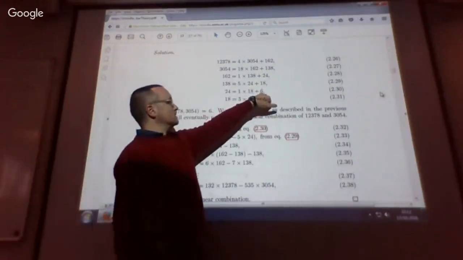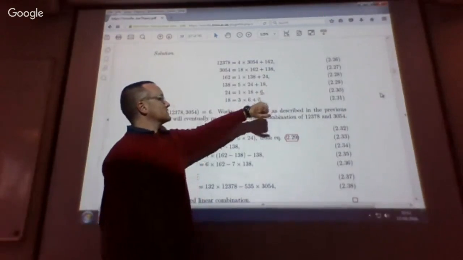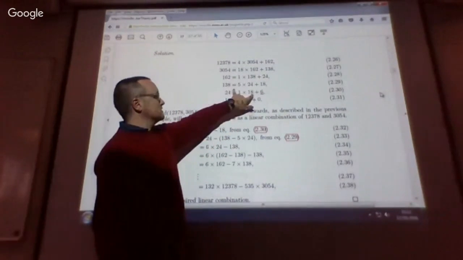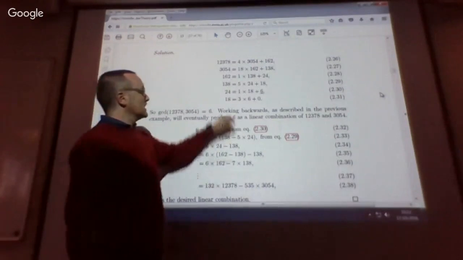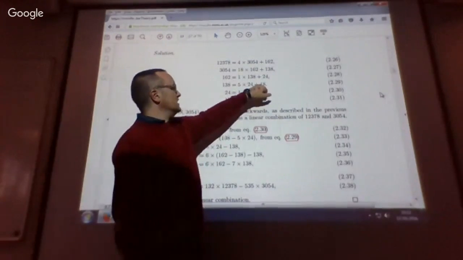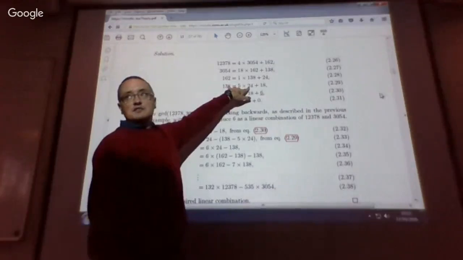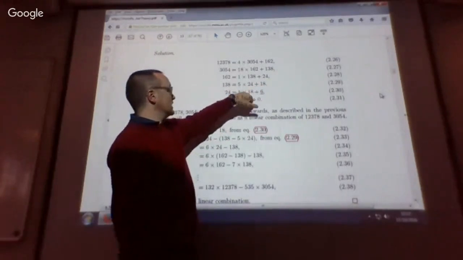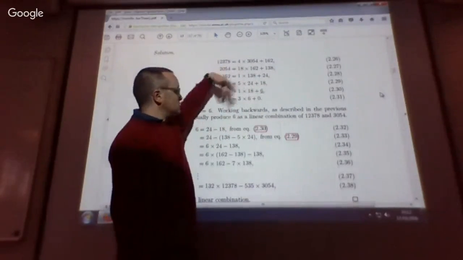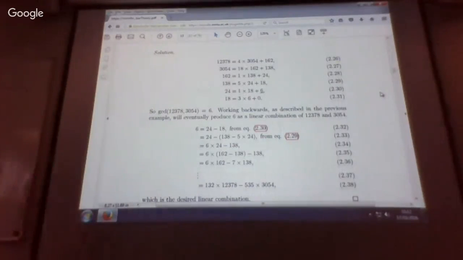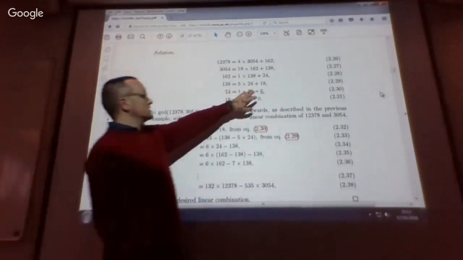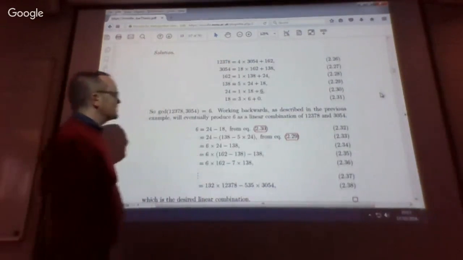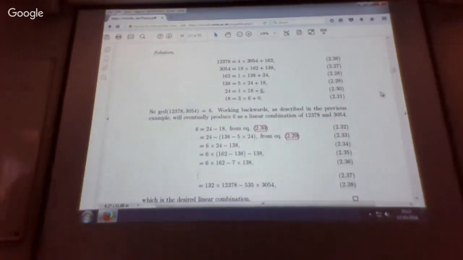So the second last one gives us 6 as a linear combination of 24 and 18. But then we get another linear combination for 18 as a linear combination of the next up pair. So we can use that to replace 18 in this one. And you keep doing this substitution procedure until finally you end up with 6 expressed as some linear combination of 12,378 and 3,054.